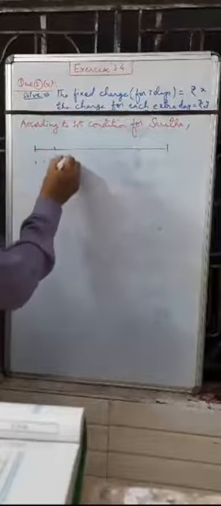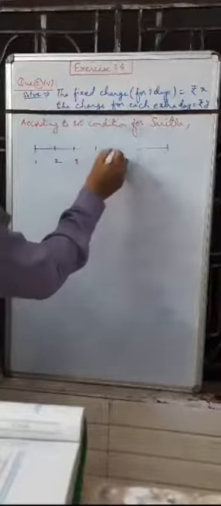Now what are they saying here? According to the first condition, Sarita paid 27 rupees for the book kept for 7 days. Suppose these are 7 days for Sarita: 1, 2, 3, 4, 5, 6 and 7.